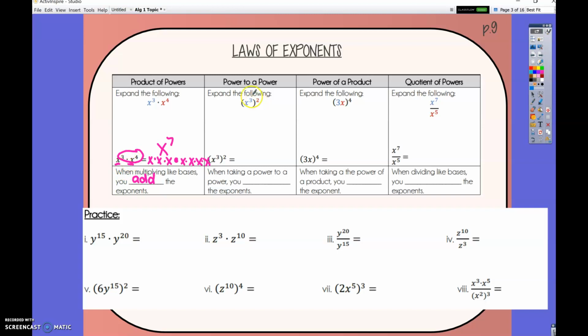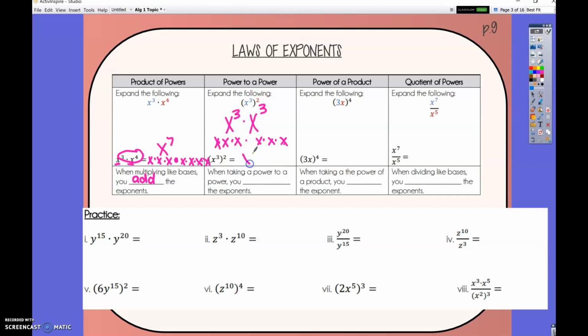When it comes to taking a power to another power, notice how we have this x to the third, and that entire thing is being squared. That's like taking x to the third times x to the third. Now we could apply the rule we had with the product of powers. So I'd have 3 x's in the first term and 3 in the second.